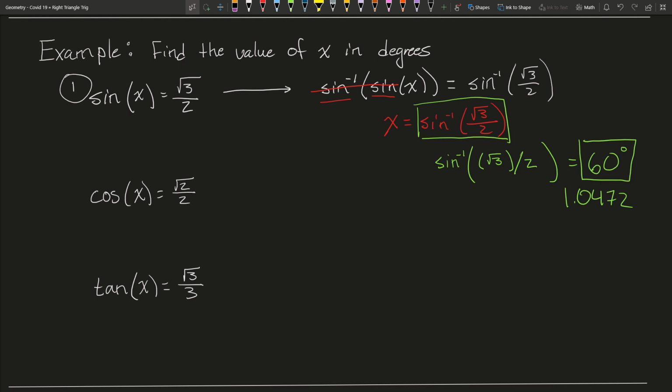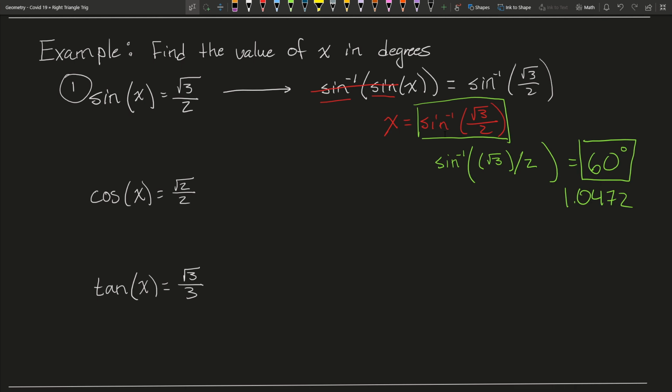How did I get the exact degrees? So when you take the inverse sine of root 3 divided by 2, that will give you the degrees.